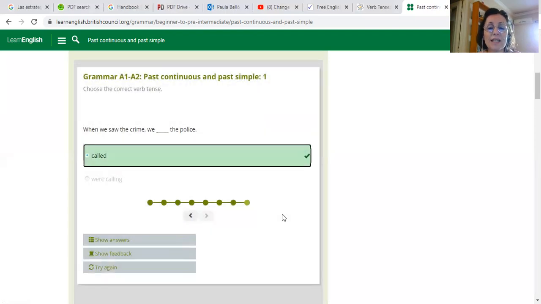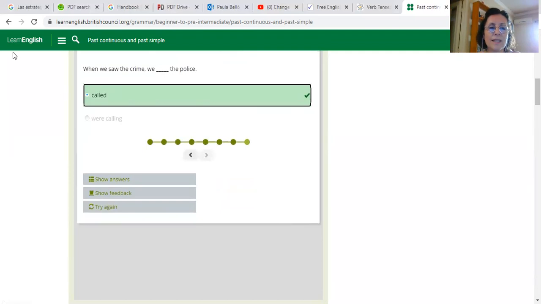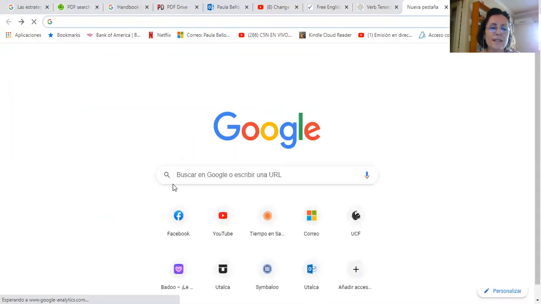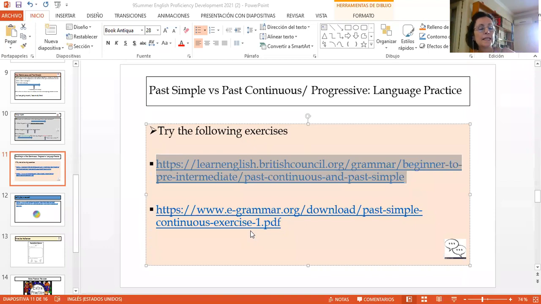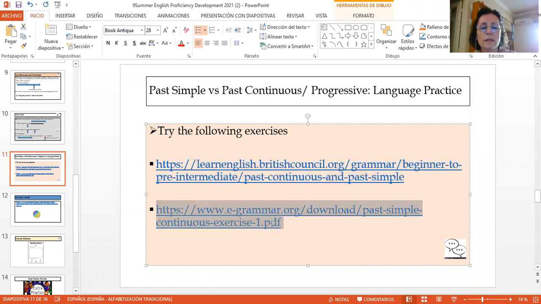So these are great exercises for you to practice. Okay, so there you have one, and there is another one as well for you to practice. Here you have a PDF exercise.